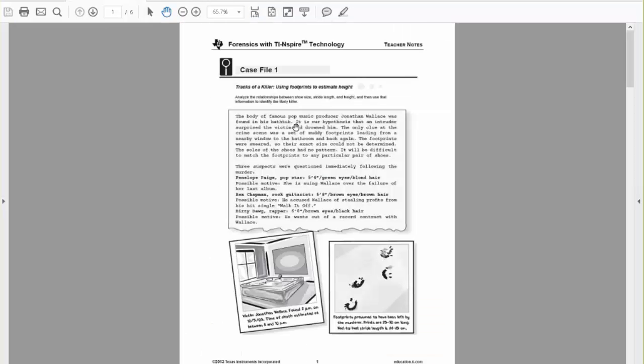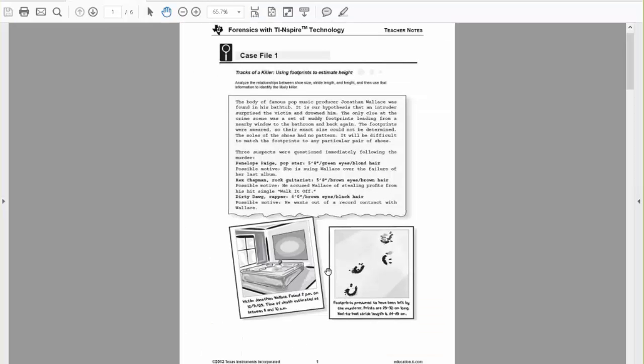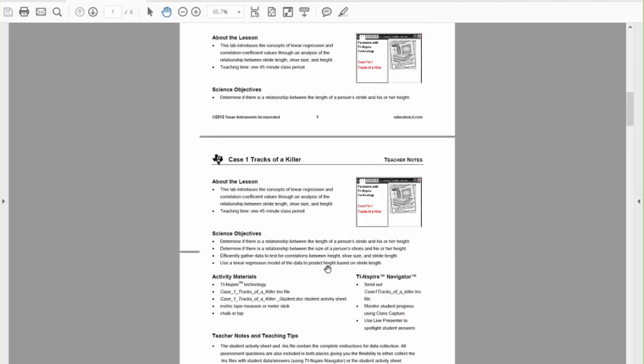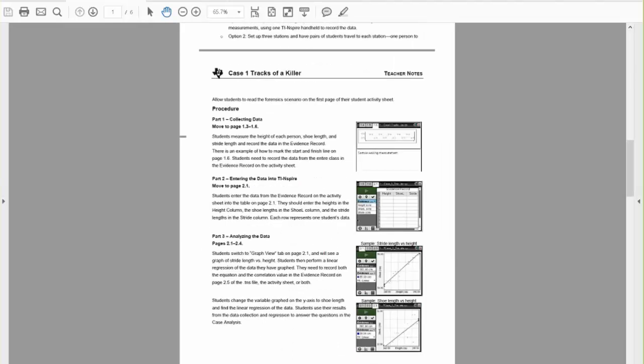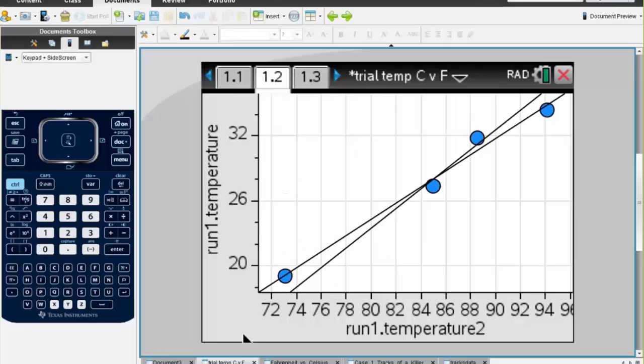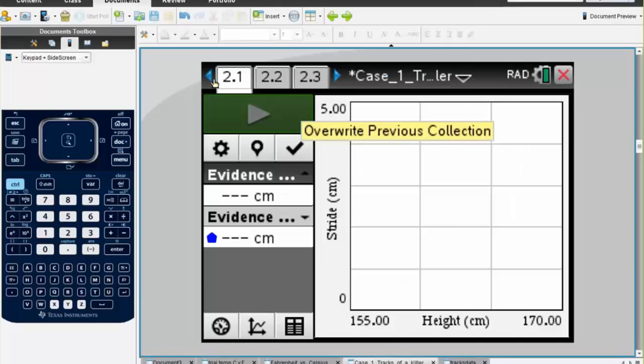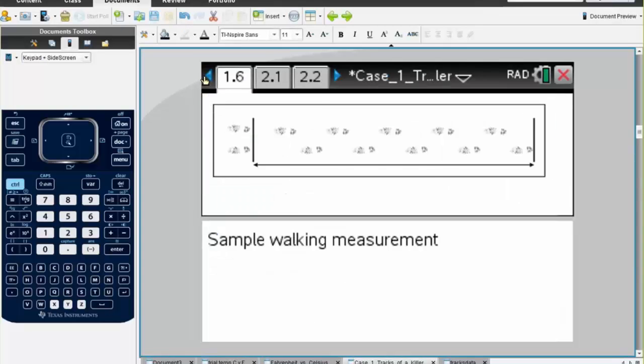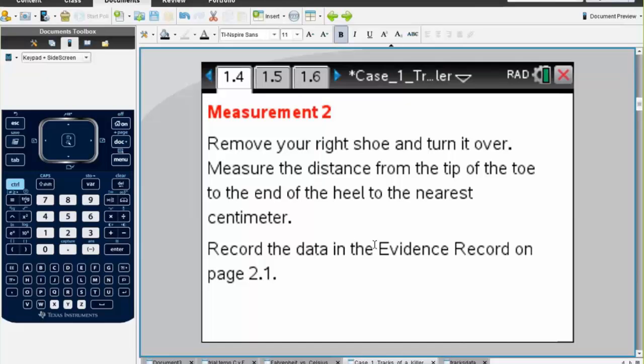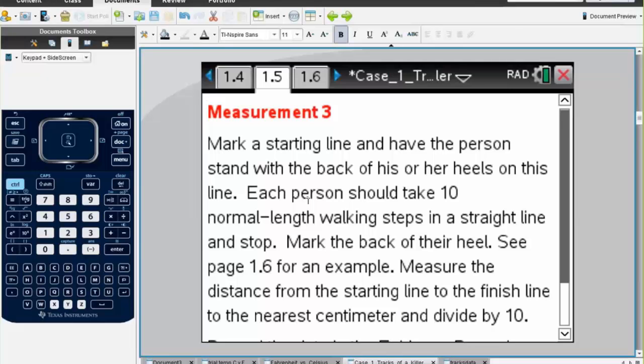It goes through with the worksheet some information, talks about what they need to do, again, takes them through the process. In terms of the activity, again, all of the information is contained on here, so remove your right shoe, turn it over. It talks about how to measure their stride length.